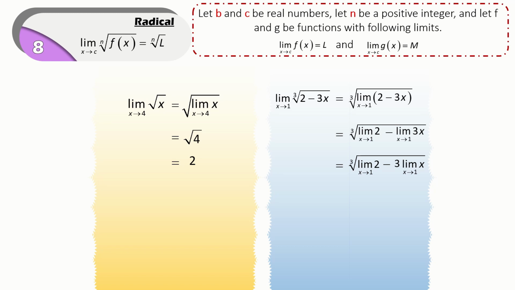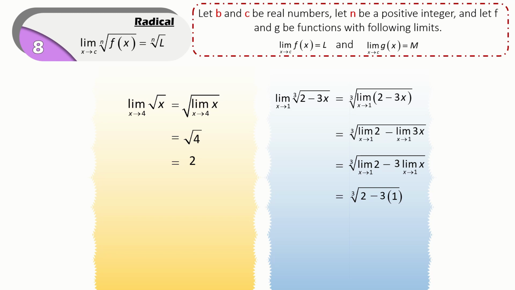Rewrite again the radical and take the limit of 2 as x approaches 1, which is 2 using the constant property, and subtract it from the product of 3 and the limit of x as x approaches 1, which is 1, using the identity property.